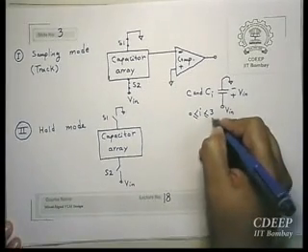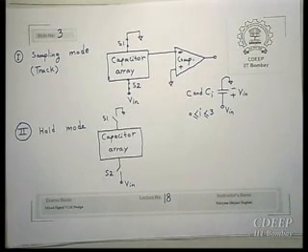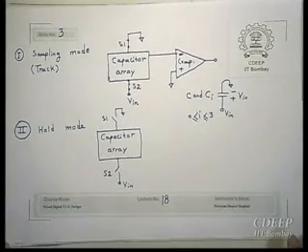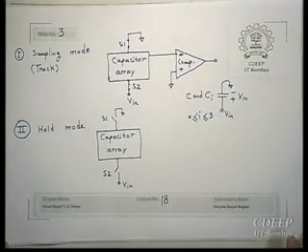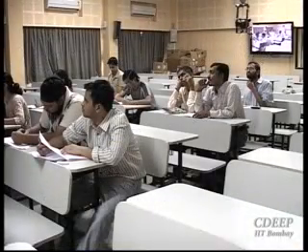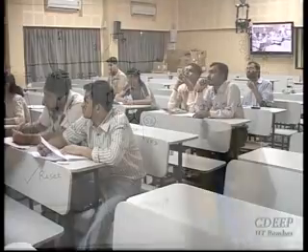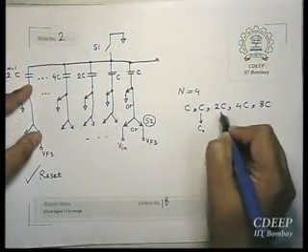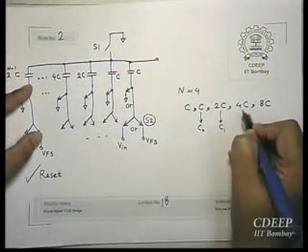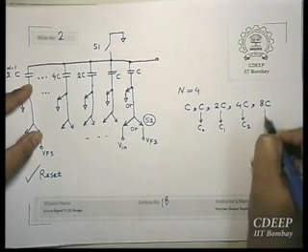So anyway, this is also in general 2 to the power n minus 1. Ci are these capacitors. For example, this is C0, this is C1, this is C2, this is C3.